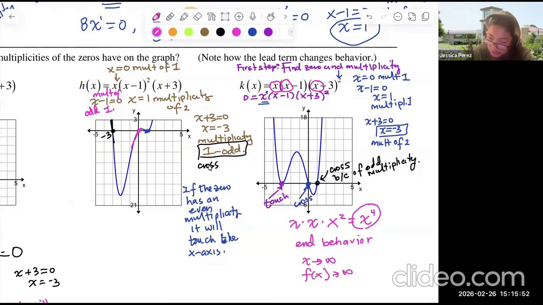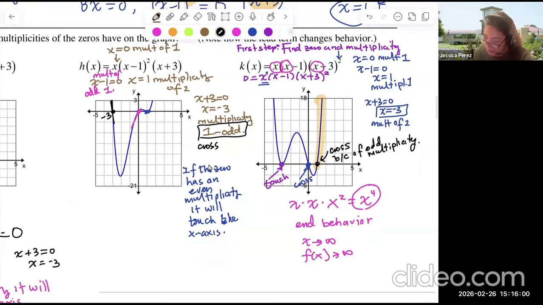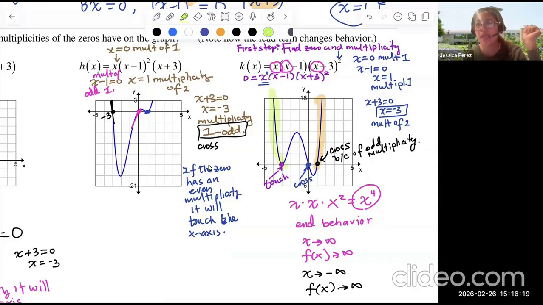That's this end right here. And then as x approaches negative infinity, my function will also go to positive infinity. So I'm looking at this end behavior as I'm going to negative infinity.